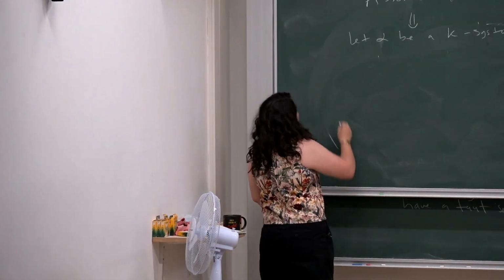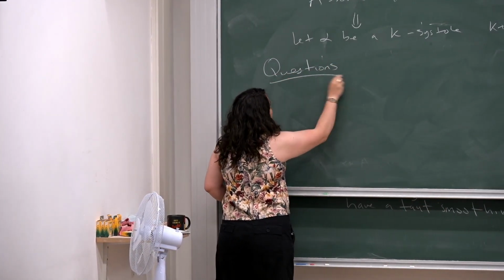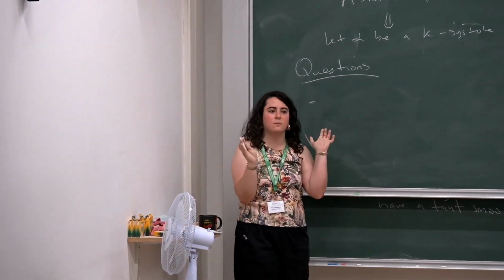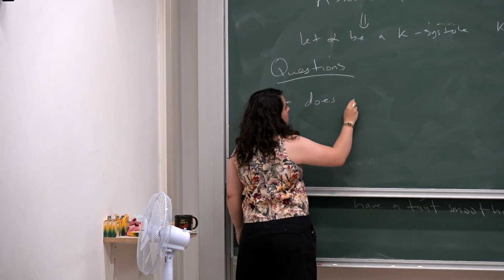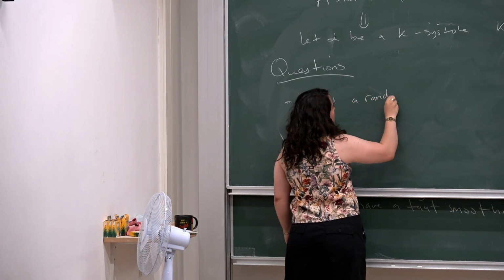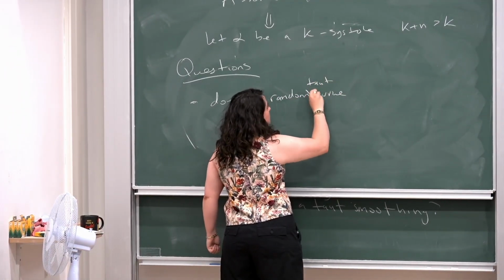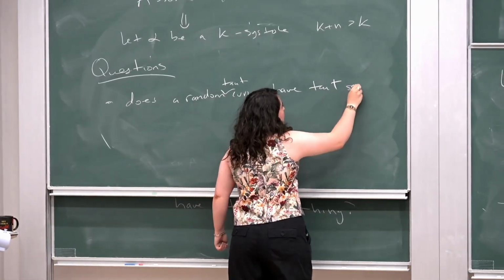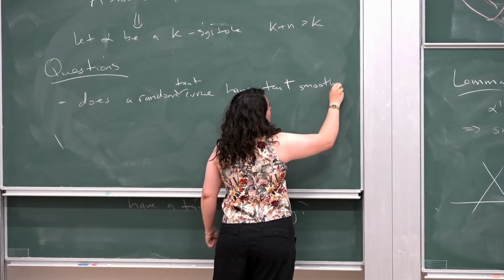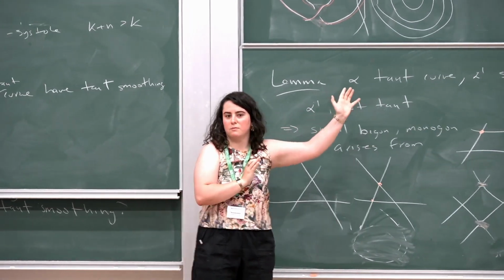So one thing that I would like to know is if a random curve has a Taut smoothing. So maybe one can apply this theorem to try to prove that a random curve satisfies this condition.